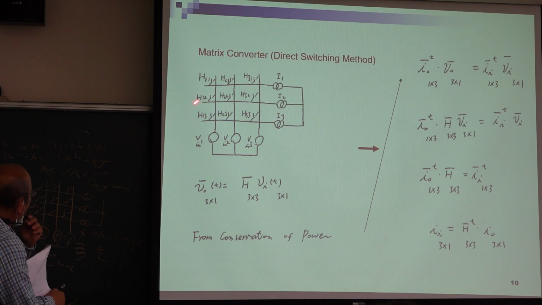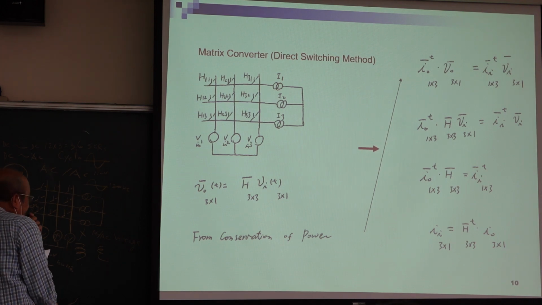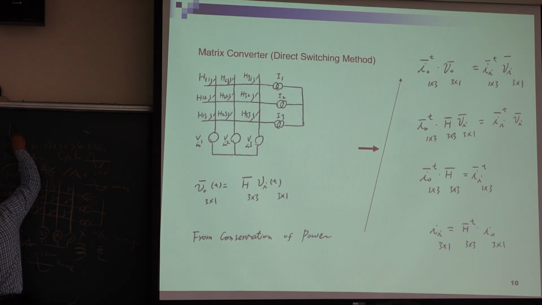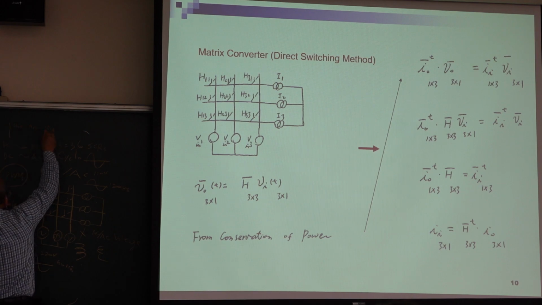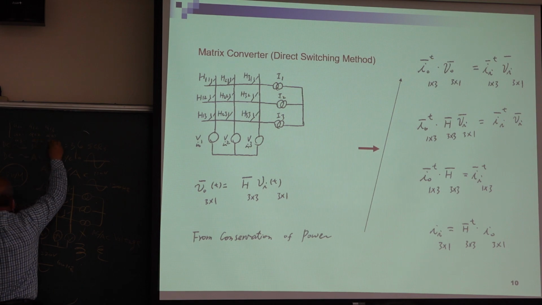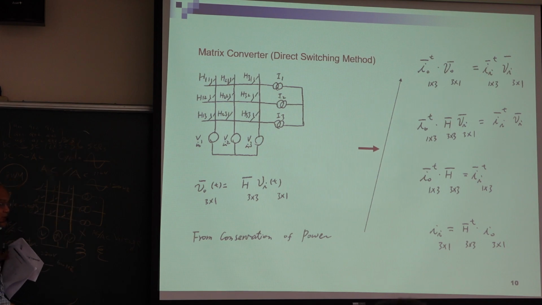So now people propose another way. They prefer to use the matrix converter. So what is a matrix converter? What is a matrix? If we learn matrix, we know it is A11, A12, A13, A21, A22, A23, A31, A32, A33. We call this a 3 by 3 square matrix, right?